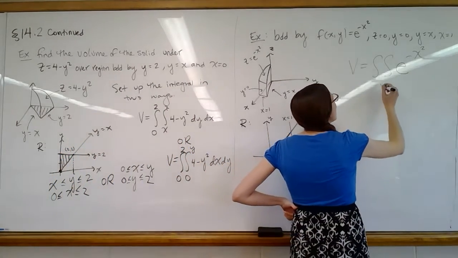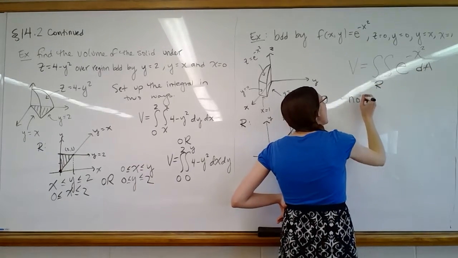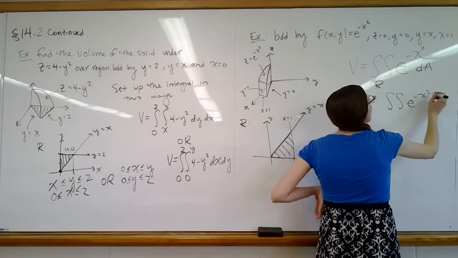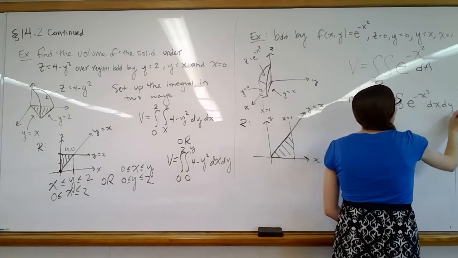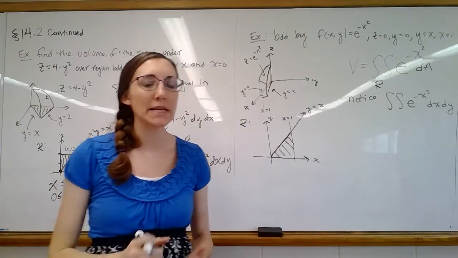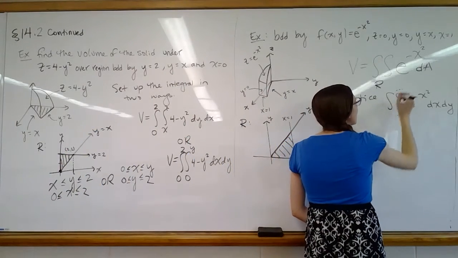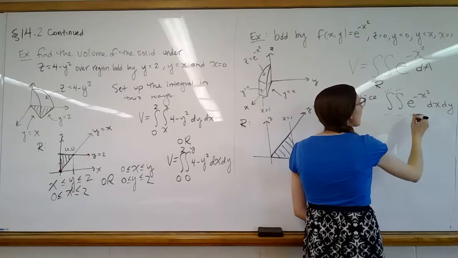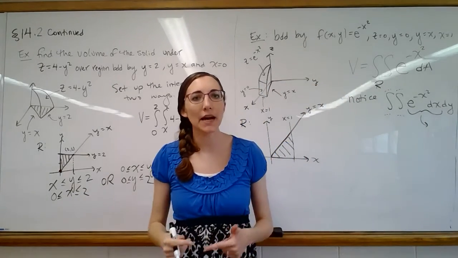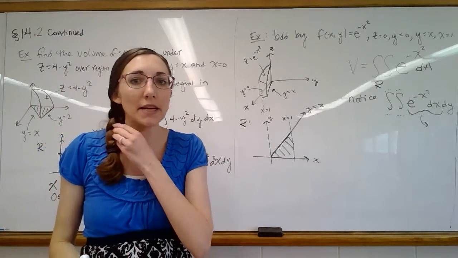Notice we're going to do this over the region R dA. But if I choose this to be e to the negative x squared dx dy, whatever these bounds are, even though the bounds themselves are pretty easy to find, if I try and take the antiderivative, I don't have an elementary antiderivative.